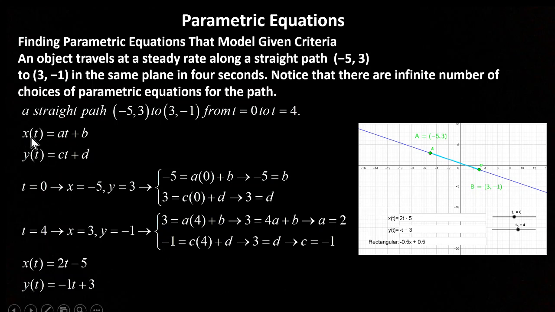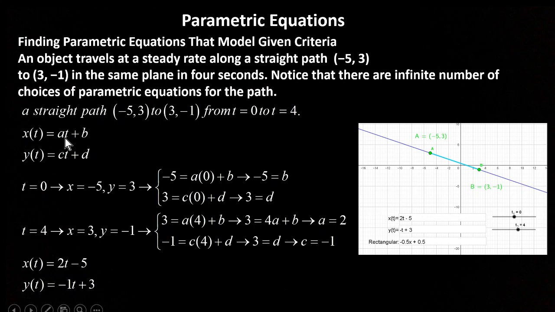So x changes according to t and is linear, like mx plus b, it is at plus b. And y is also linear because we are told it's a steady rate. So x changes with respect to t with some rate, and y changes with respect to t with some rate.